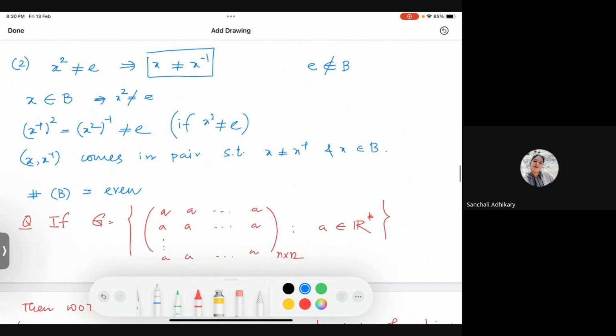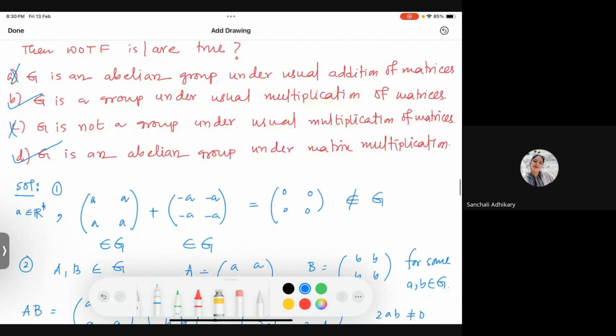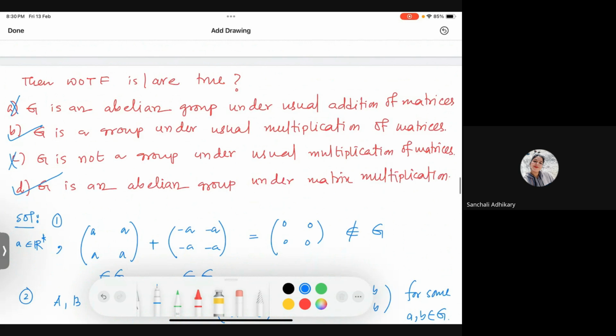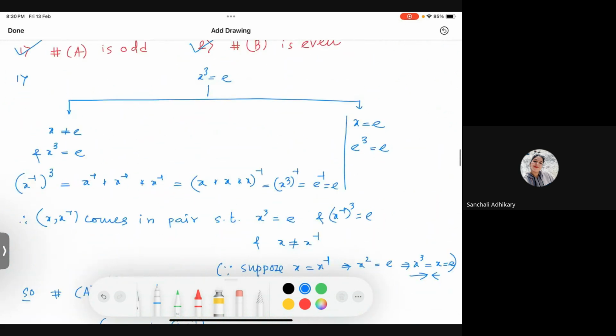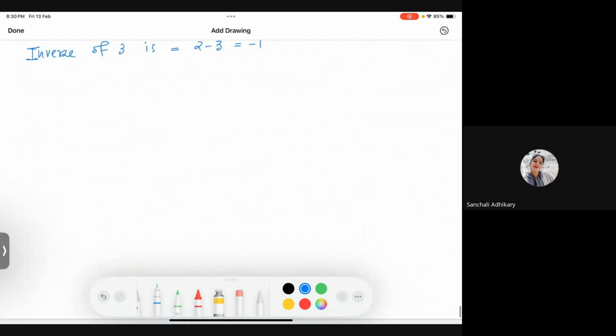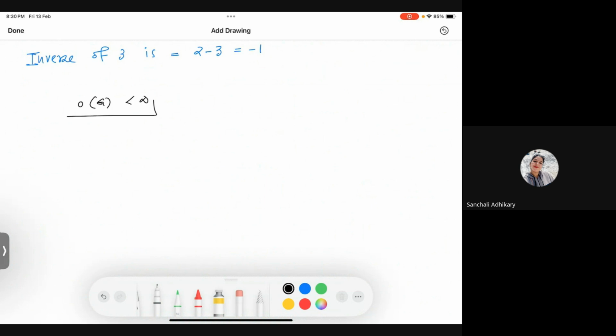Now one question is left. So till now we have what is the order of a group and what is the order of an element. Okay. Now I am asking, if the order is finite, then how many elements of order 2 will be present in the group G?